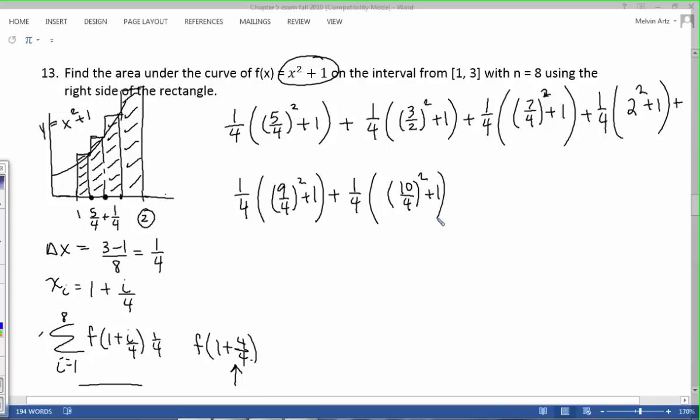And then that was our 6th rectangle. Now we're at 7, so we're going to plug in 7. So we would have 1 and 7/4. Then our last rectangle, we're going to plug in 8. So we'd have 1 plus 8/4, and that's just going to be 1 plus 2, and that's where we end up for our last rectangle.